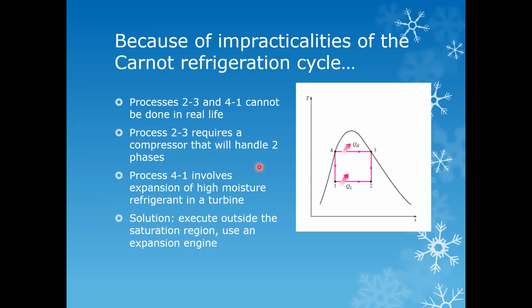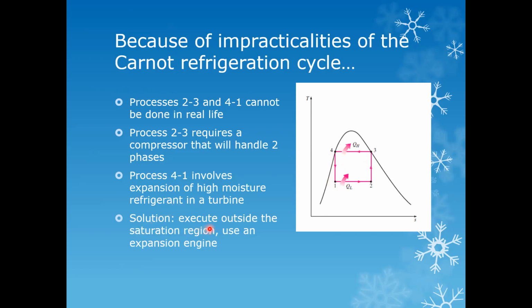Process 2 to 3 will require a compressor that will handle two phases. That would be a problem because we're inside the saturated region. Process 4 to 1 involves expansion of a high moisture refrigerant inside a turbine. So just like the problem before, if the moisture is high, then that will cause problems.